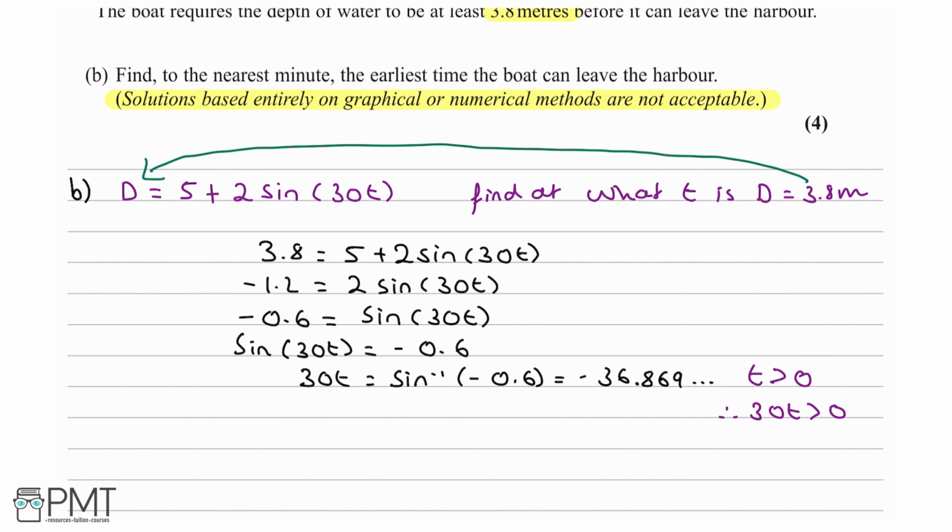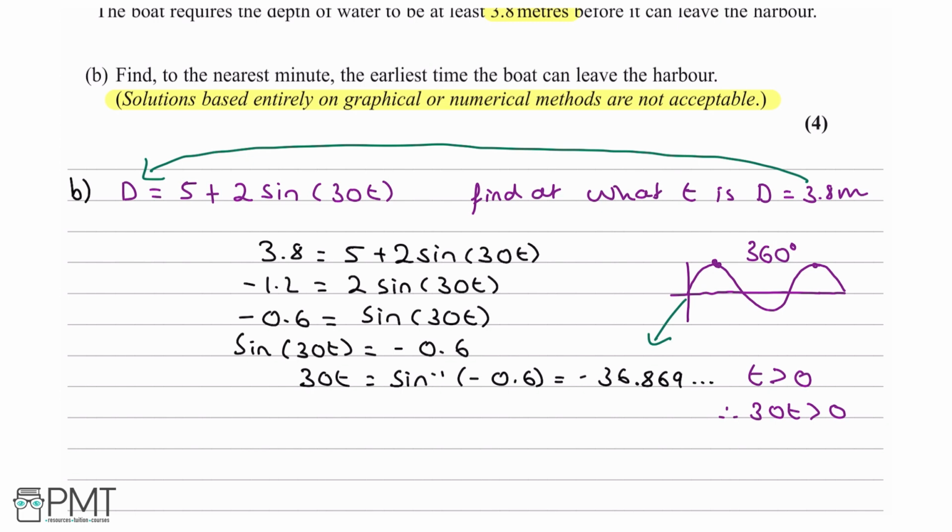And we know that the period of a sine wave, if I draw a little sine wave for you here, the number of degrees between this point and this point is 360 degrees. So we need to use this information to add 360 degrees to our value for 30t.